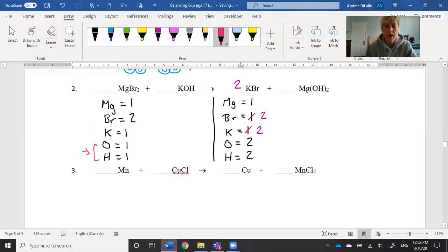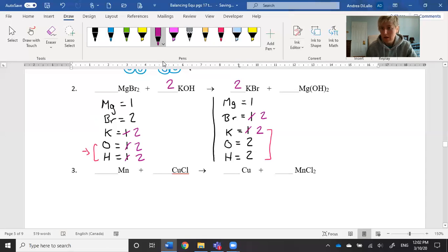So if I look on my reactant side, I see that my potassium is bonded to oxygen and hydrogen, which, oh look, I also have 2 on my product side and 1 on my reactant side. So if I put a 2 right here, this now turns to a 2, this now turns to a 2, and this now turns to a 2.